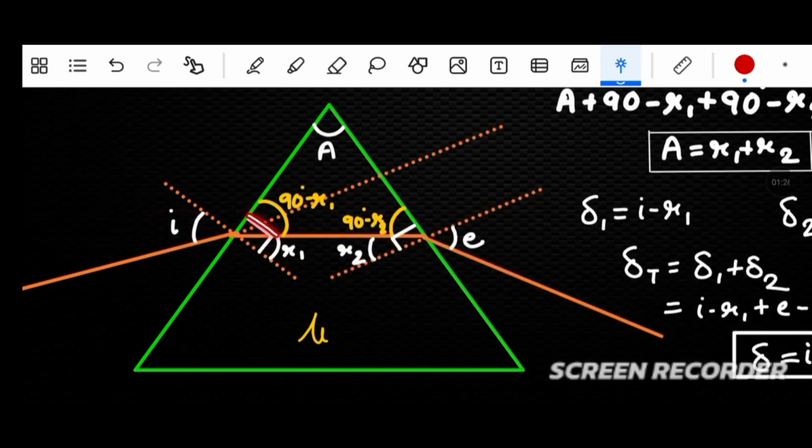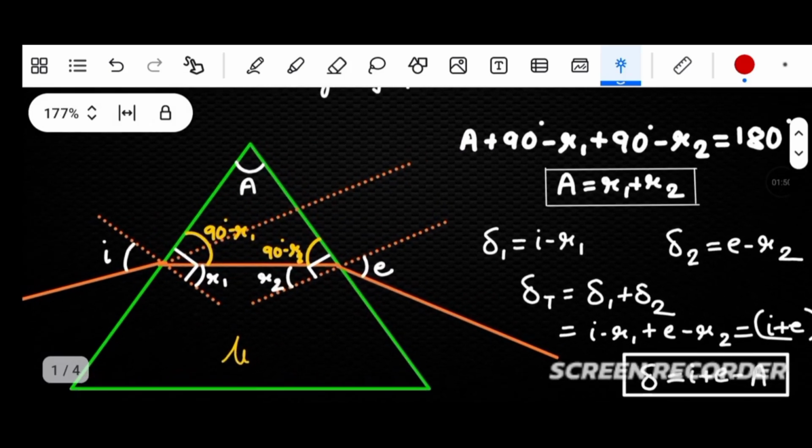So here we have 90 degree because this is the normal. Here we have 90 degree because this is the normal to the surface, and this is the line along which the ray could have gone, but since it is suffering dispersion, it will go through this line.